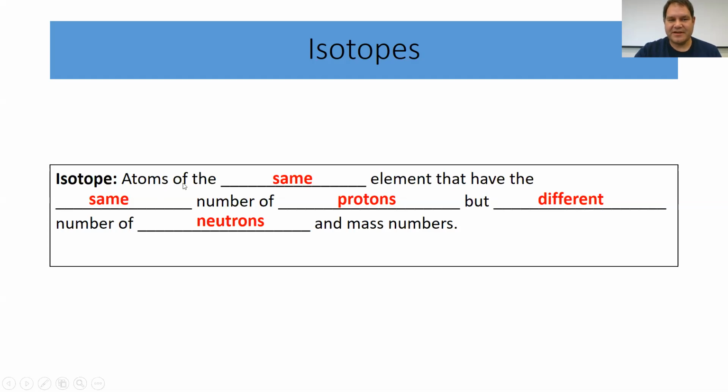So atoms of the same element that have the same number of protons, which should make sense, because those protons identify the type of atom. So same number of protons, but they have different numbers of neutrons, which result in different mass numbers. So make sure you have that definition down.